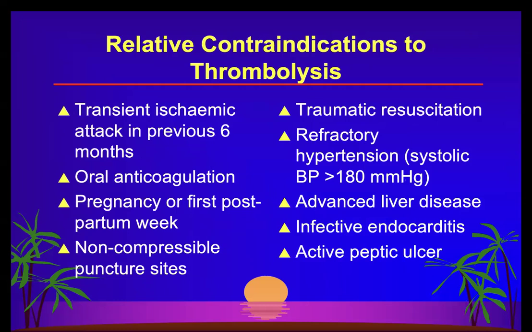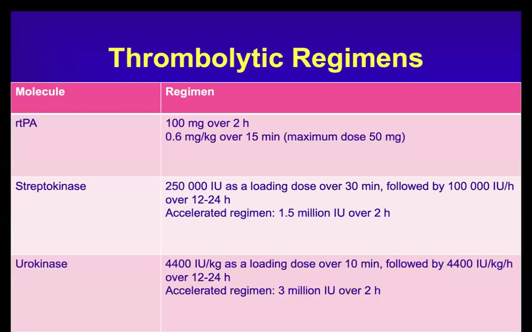The relative contraindications would include TIA in the previous 6 months, patient already on oral anticoagulant, particularly VKA, pregnancy or first postpartum week, non-compressible puncture site, traumatic resuscitation, refractory hypertension with systolic blood pressure more than 180, advanced liver disease, infective endocarditis, and active peptic ulcer disease. So these are relative contraindications where you may defer thrombolysis and offer other options.